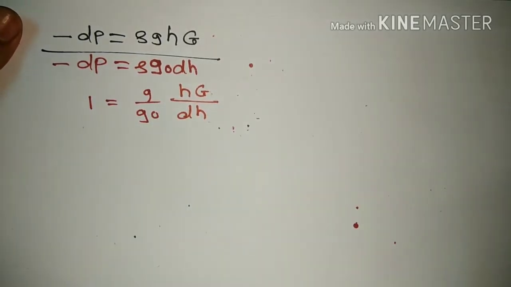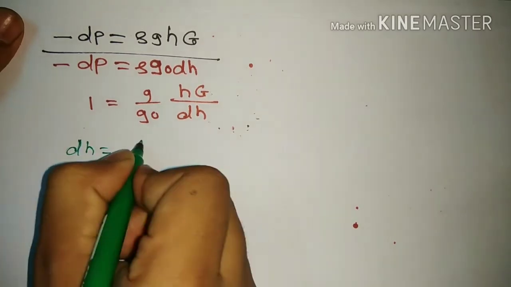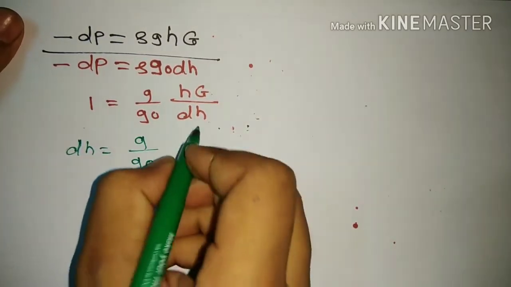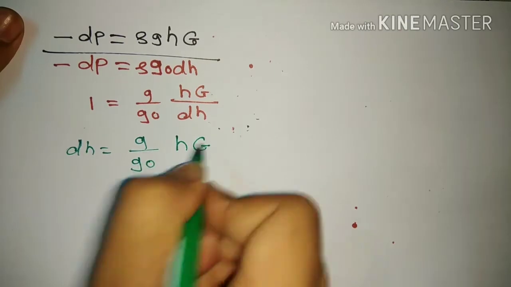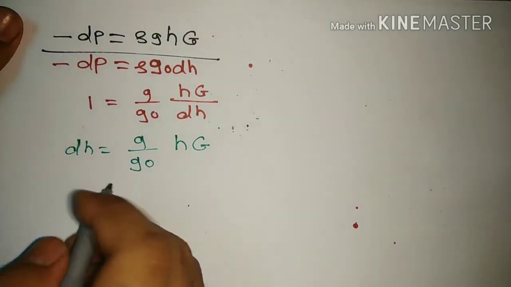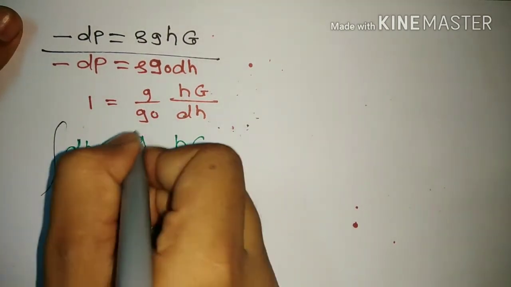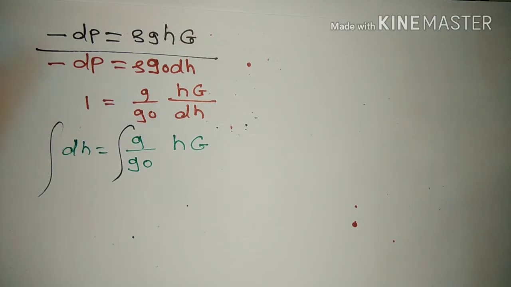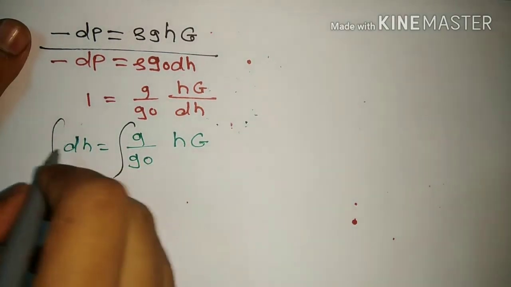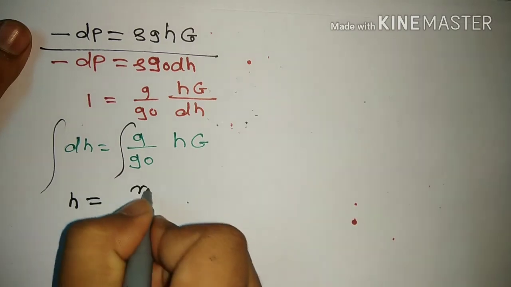Now we are finding delta h. So delta h is equal to g by g0 h g. So now we are going to integrate this equation. Integrate both sides.